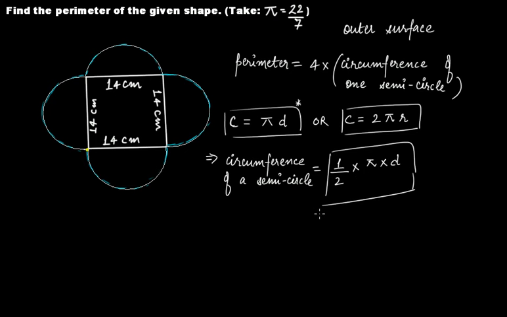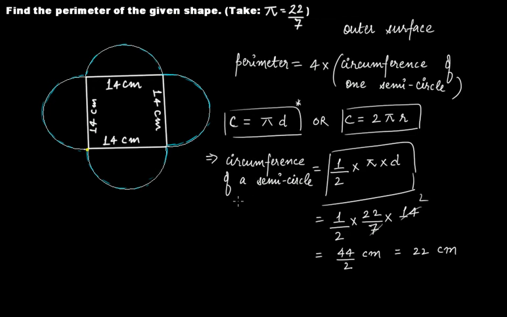So let's put this value. This is 1/2. In pi we have to use 22/7 times, what's d? d is 14. So if you solve it, you get 7 times 2, 44/2 centimeter, and this way you get 22 centimeter.